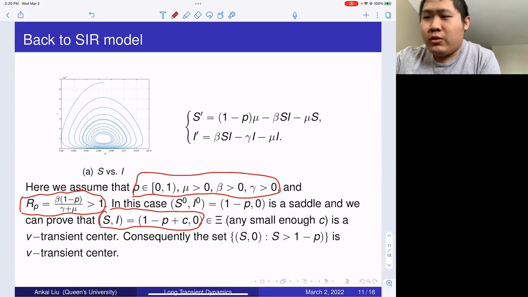And as a consequence of the theorem we just talked about, the whole set here are all V transient centers. So this result agrees with what we have learned before on the SIR model. As long as your basic reproduction rate is greater than 1, we can always observe the honeymoon period, and in fact, this result backs it up.